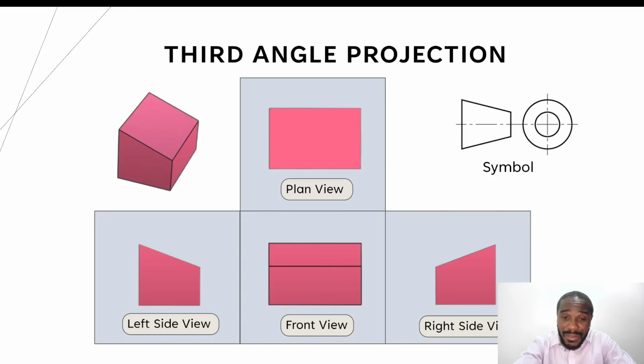And then the plan, which is what you see by looking on top of the object, is also rightfully located on top of the front view. All right, and we can see the symbol for third angle projection. The two circles are drawn on the smaller end of the frustum, as shown.